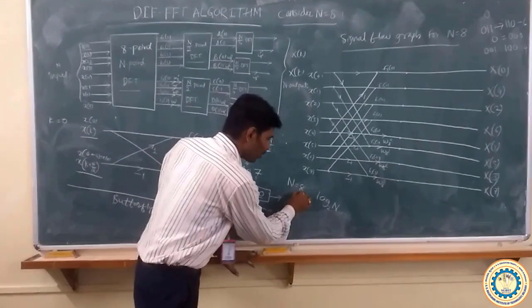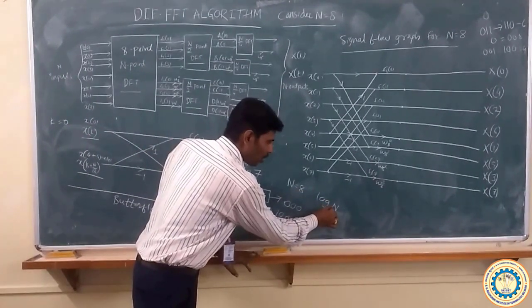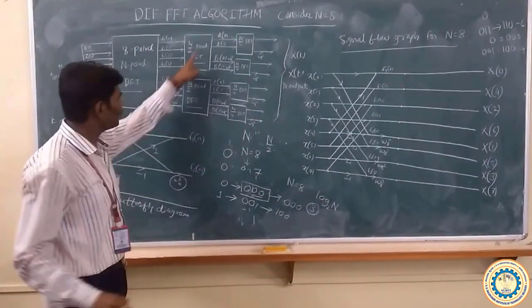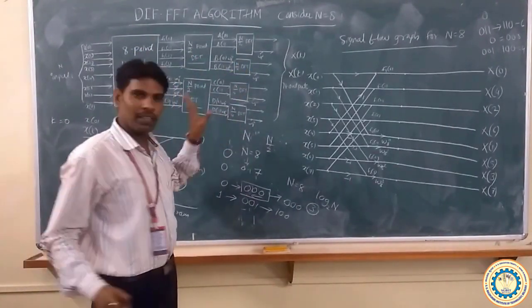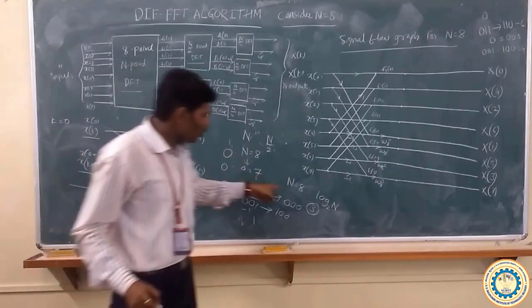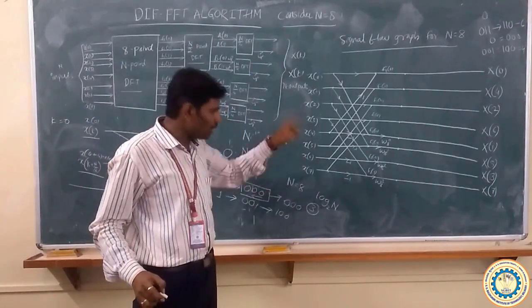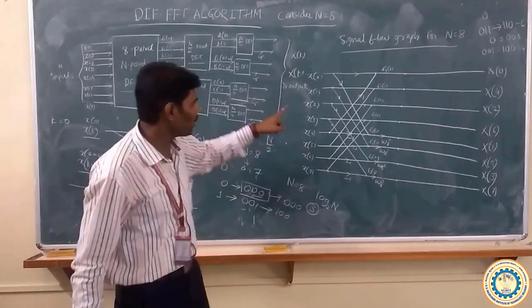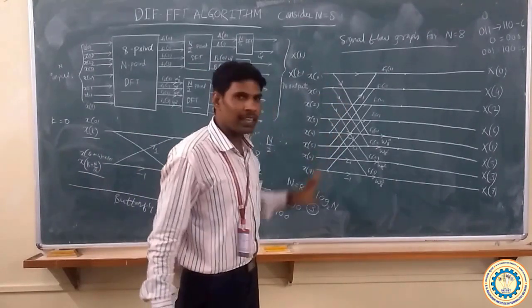Here I have taken N equal to 8, so log 8 to the base 2 is 3. So we have 3 stages. This is the first stage, this is the second stage, and this is the third stage. In each stage we have N by 2 butterfly diagrams, so here we have 4 butterfly diagrams.